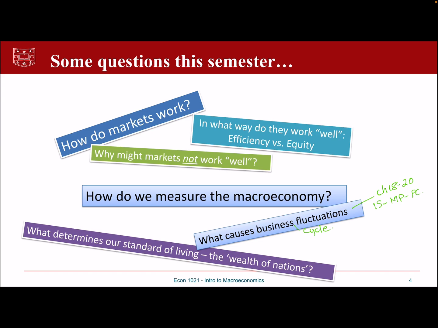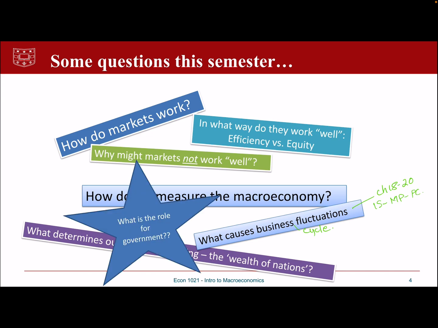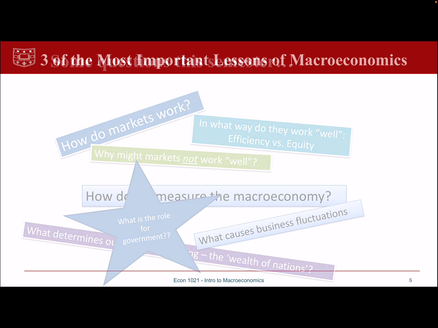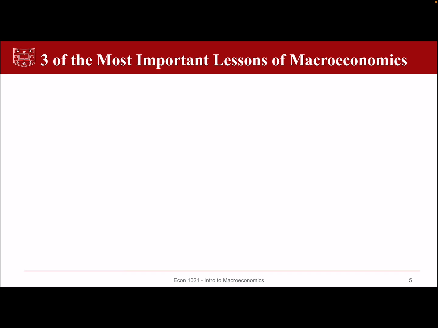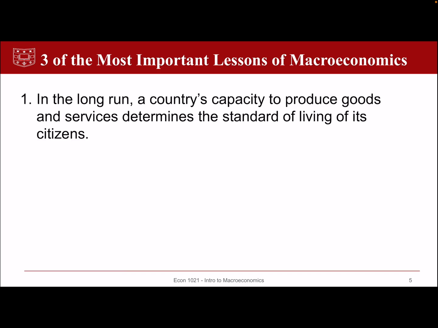And so we spent a fair amount of time discussing those kinds of things. And throughout this, we talked both for the macroeconomy in the short run, in the 18 through 20 material, as well as in the longer run stuff, what is the role of government? In what ways can government make the outcome that occurs through the normal workings of a market better? And worse, but we tend to focus on the positive, better.